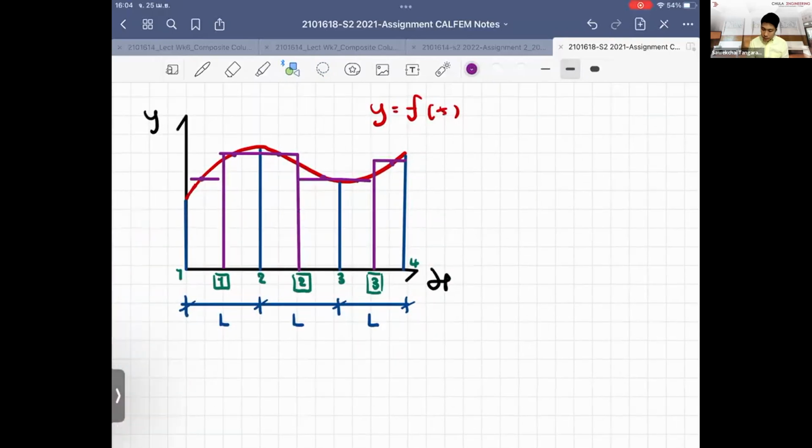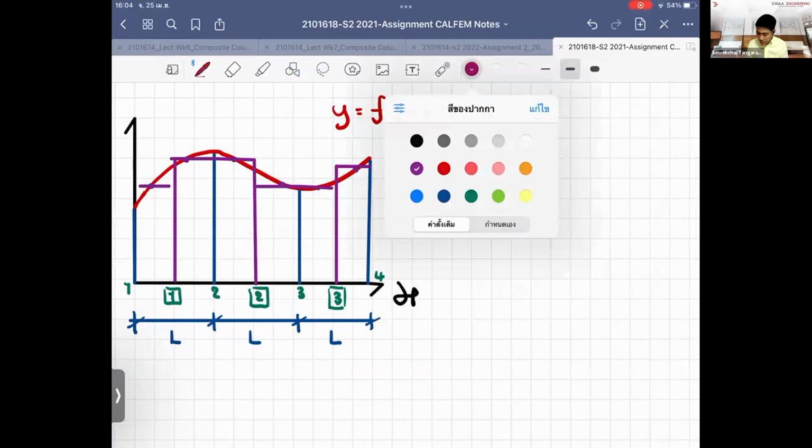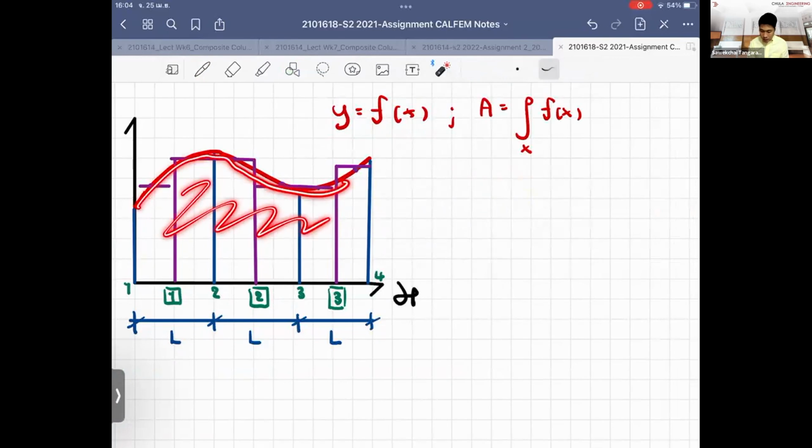And so you're seeing that if I want to find the information of the areas, the area is the integration over x of the function f(x). So basically, I am trying to find the area underneath the nonlinear curve over here.